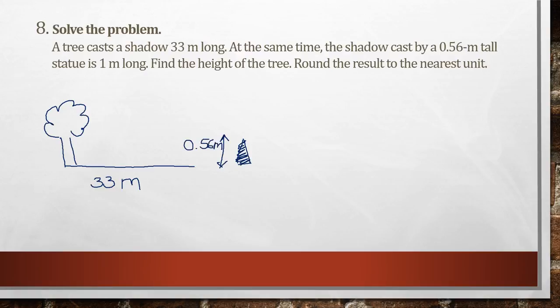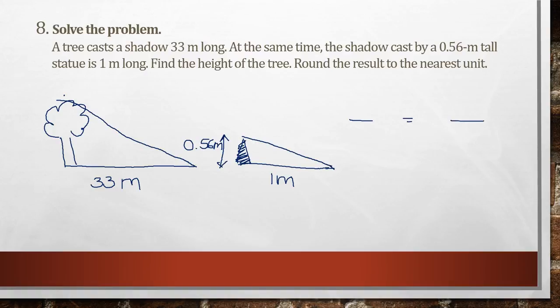And the shadow cast by this statue is 1 meter long. So I basically can connect the sun ray hitting the statue with where the shadow ends, and the same with my tree.